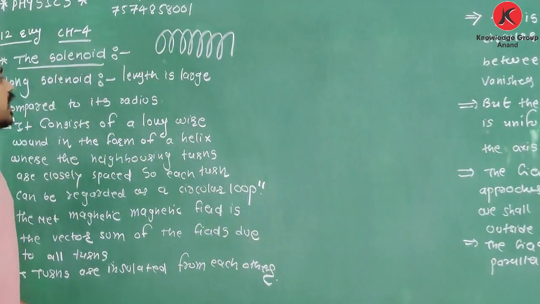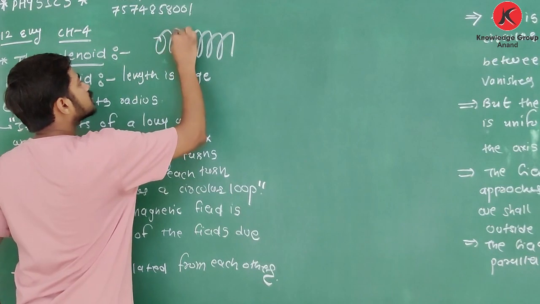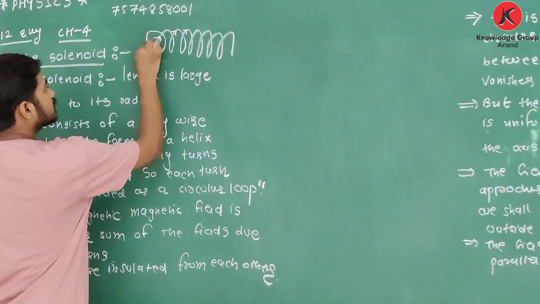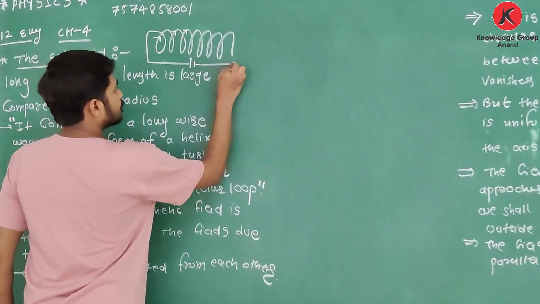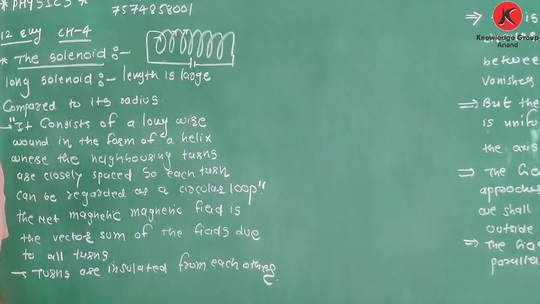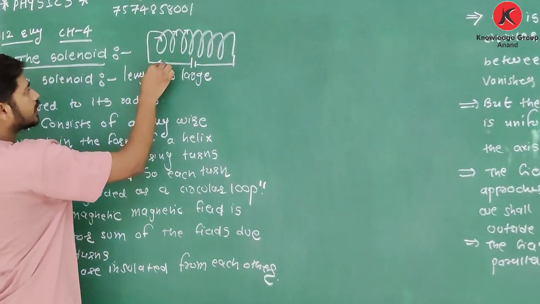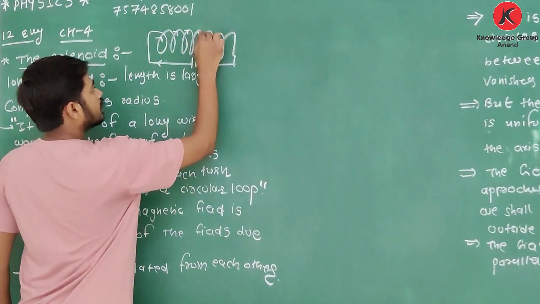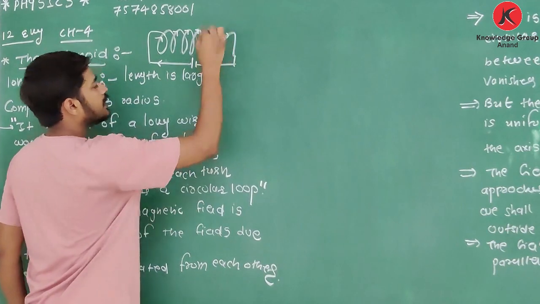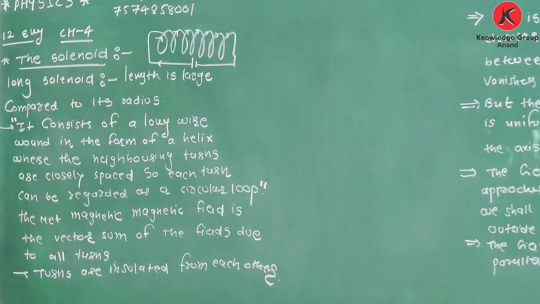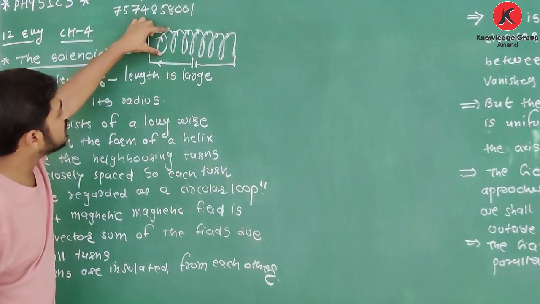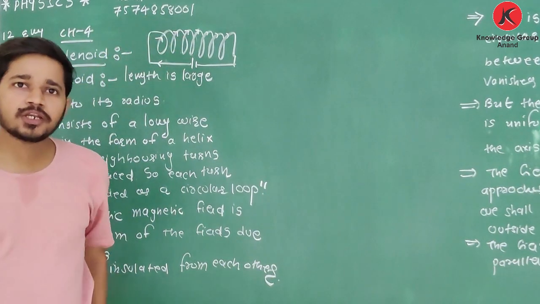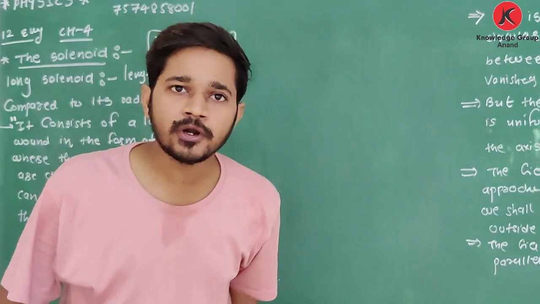If I connect this solenoid with a battery, current is flowing through it. Current flows through each turn, and each turn behaves as a circular ring. We know that due to a circular ring, a magnetic field is produced.